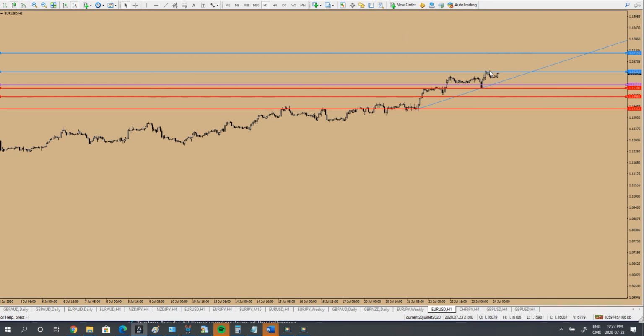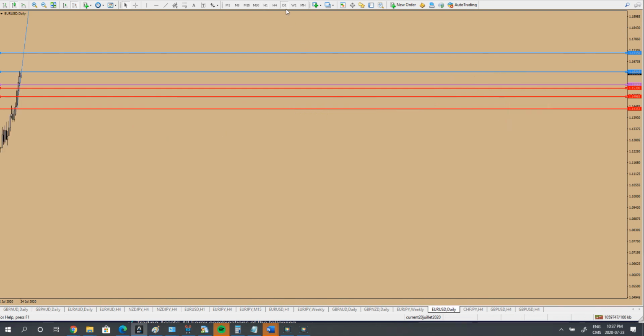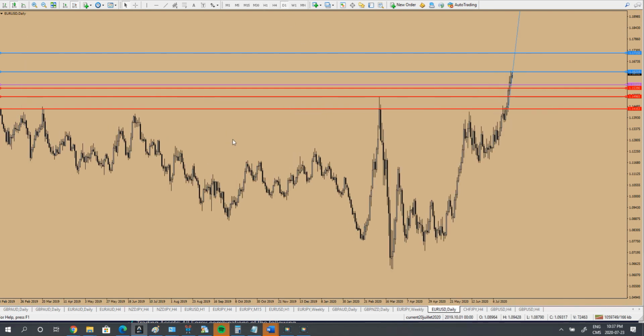If you know that it keeps going down and going down and going down, you would wait for it to break the daily trend line, right? So once it breaks the daily trend line, you know that that's for a longer-term trade.